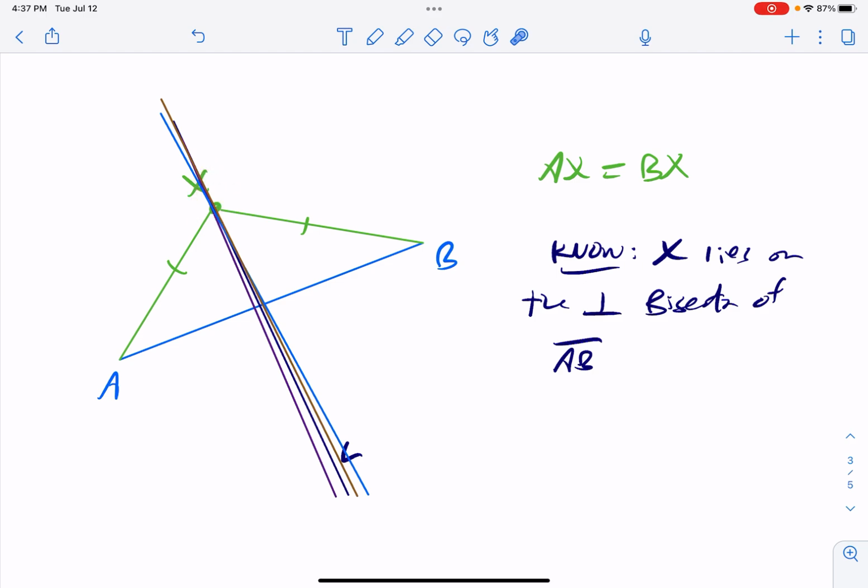X is on the perpendicular bisector of this segment. But that doesn't mean any old line we draw is the perpendicular bisector. You can't just assume it's the perpendicular bisector because it kind of sort of looks like it. So be very careful about this. We don't know which line it is.